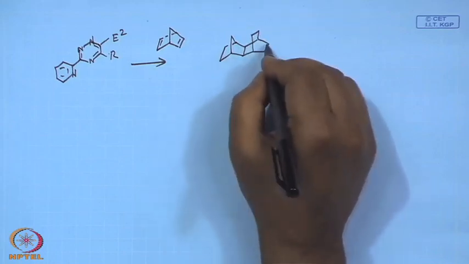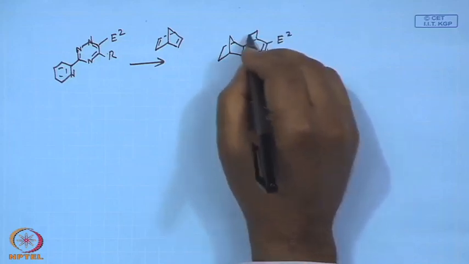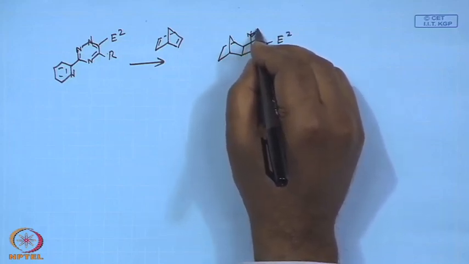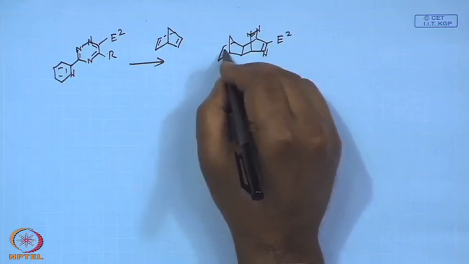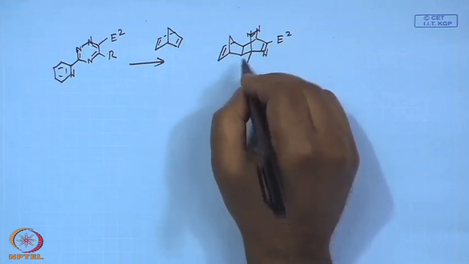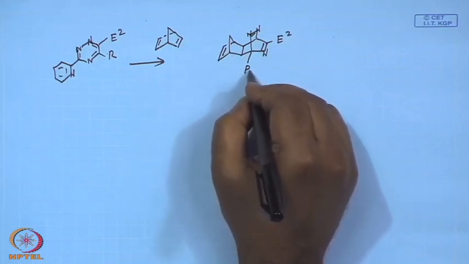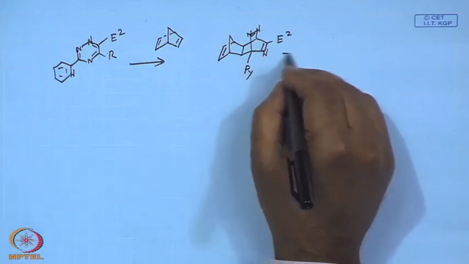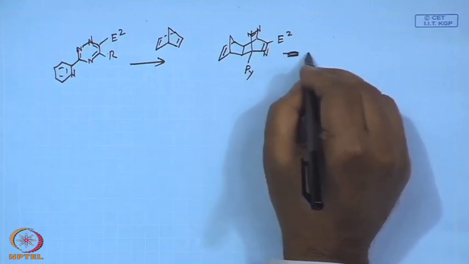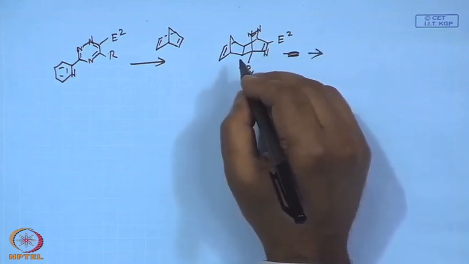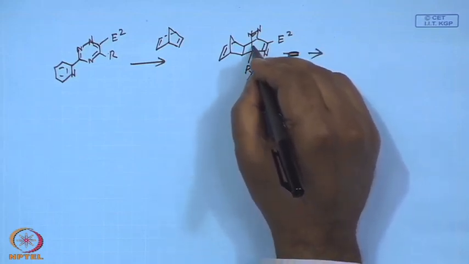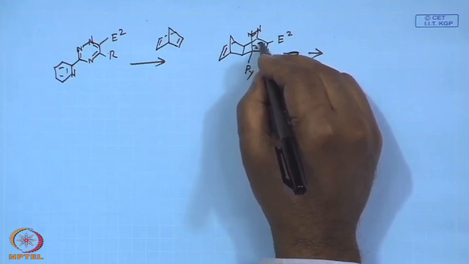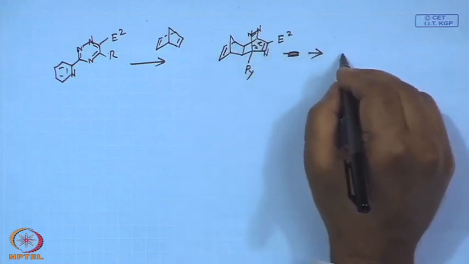So you can write this 4+2, this ester would be here, the nitrogen double bond, now nitrogen, and this double bond. Then you have a pyridine nucleus now, right. So, it does not stop here, all of you know, once you have a double bond nitrogen, there would be a retro-Diels-Alder reaction.